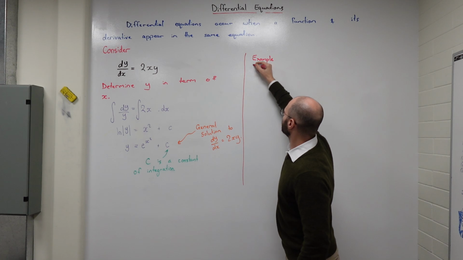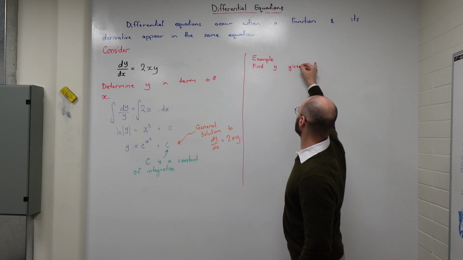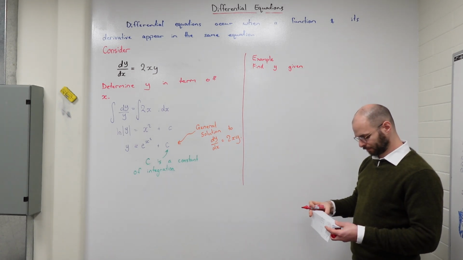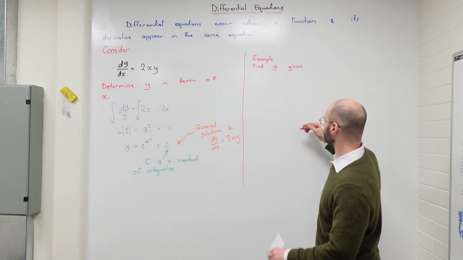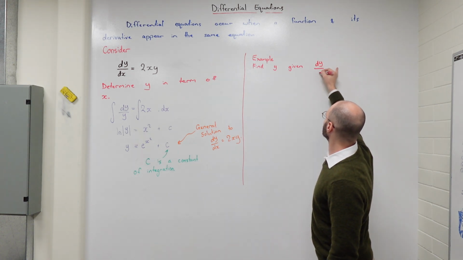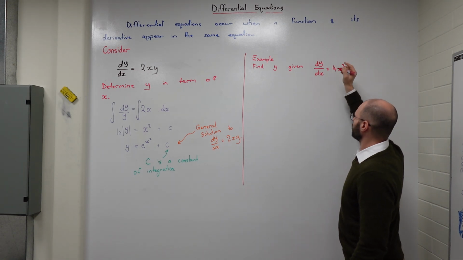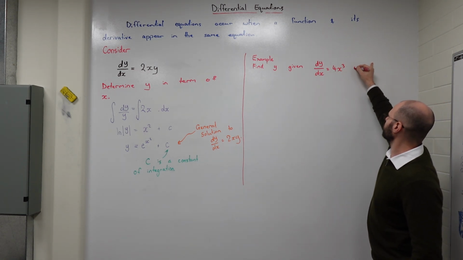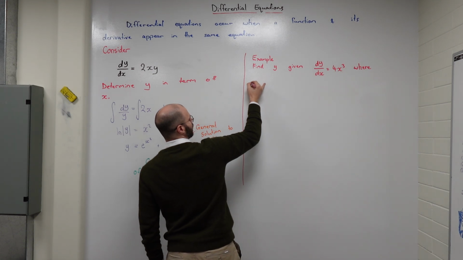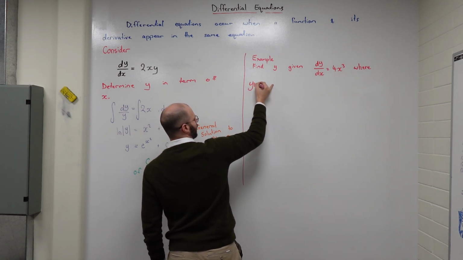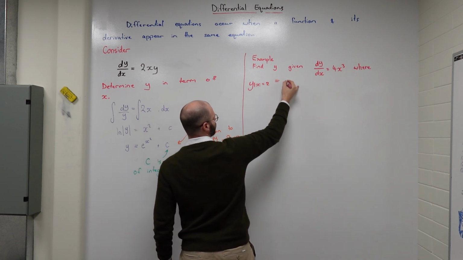Example: find y given this, where y of 2 equals 20.